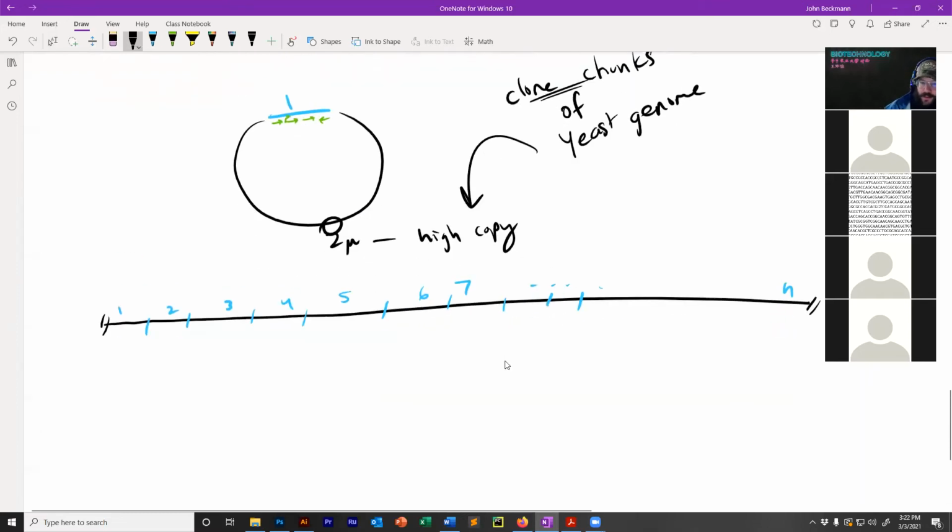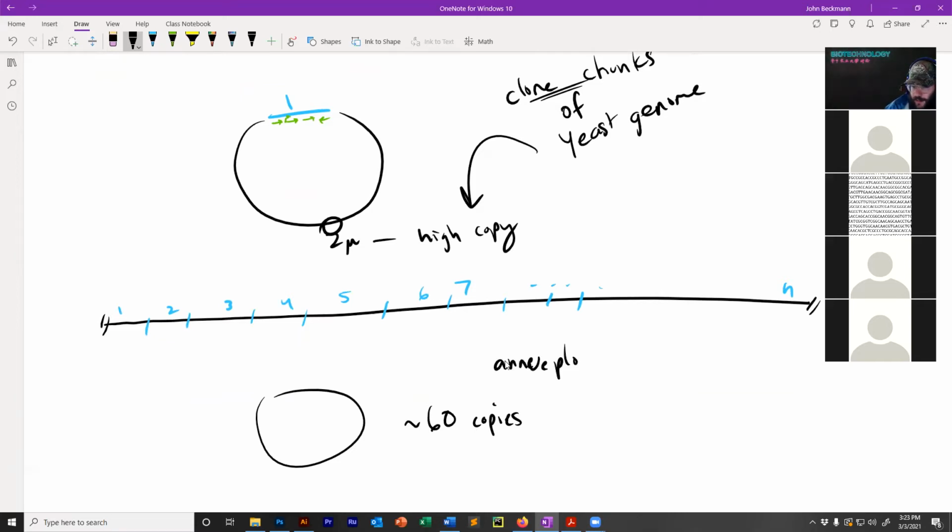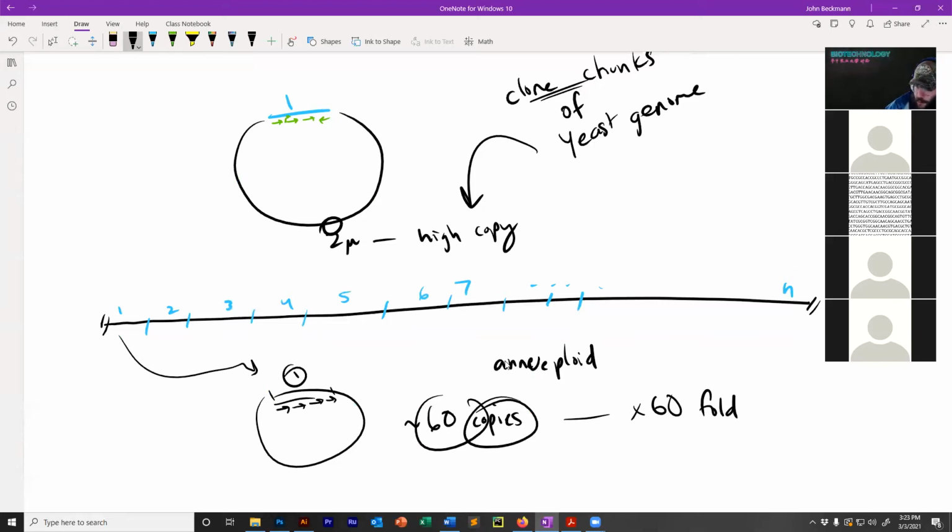Now the high copy plasmid, when it replicates, there's about 60 copies of it. So now you've created cells that are aneuploid, probably spelled that wrong, aneuploid for genomic segment 1. So whatever genes are from that chunk, you have 60 copies of those genes. So they're all going to express at greater than 60-fold normal values.